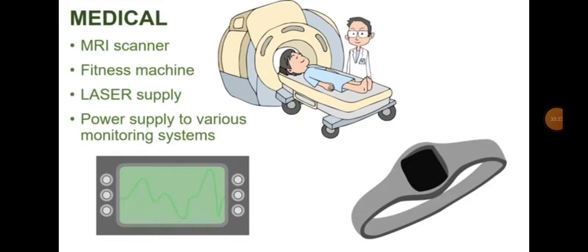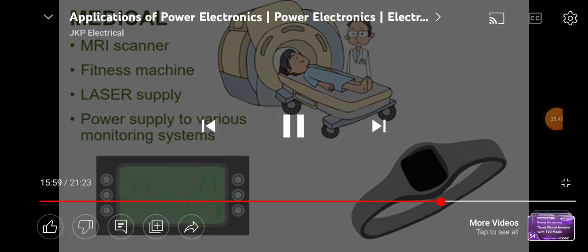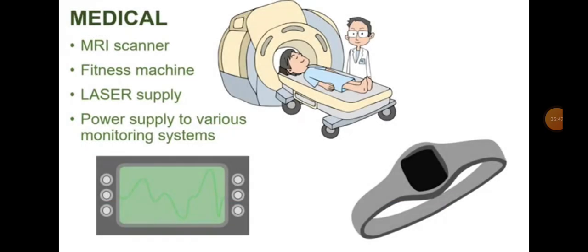Power supplies to various monitoring systems are also made up of power electronic devices. These monitoring systems are used mostly for monitoring the stability of a patient. The fitness equipment that we are using in our day-to-day life is again powered by power electronic converters.